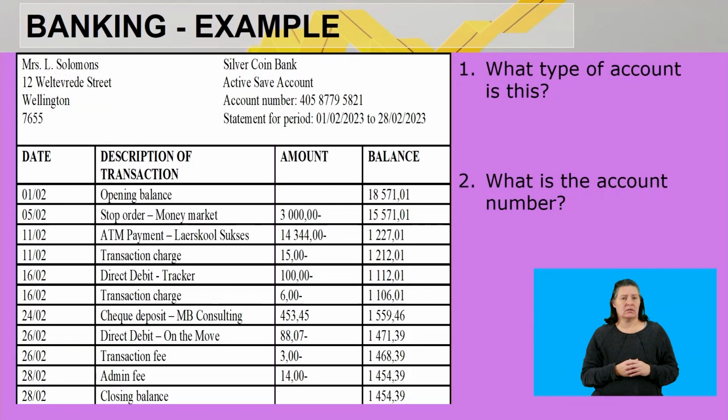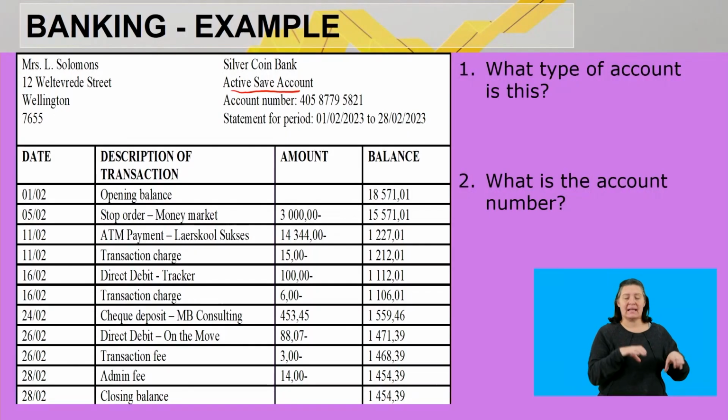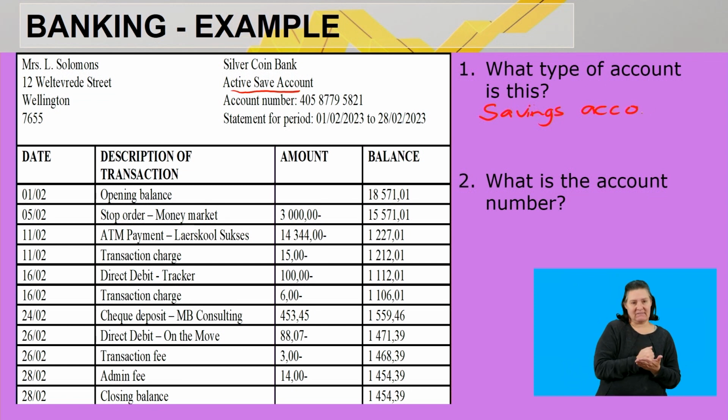Now normally this level 1 questions you can read directly from the financial document in this case. So if you look, it says here it's an active save account. So therefore I will say this is a savings account. Okay, guess that's straightforward.